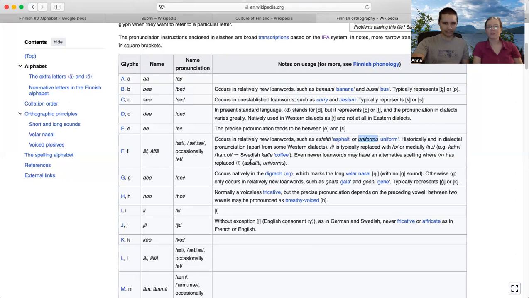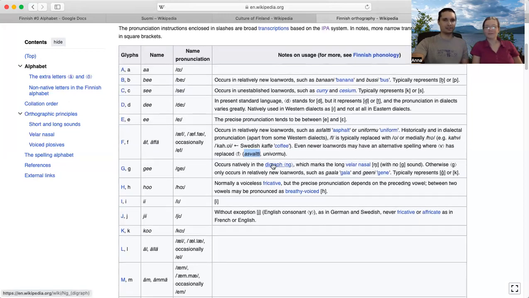I would actually use the alternative way, asfaltti and uniformo. I wouldn't say asphaltti. Okay, but it's the Finnish perspective. I would say asphaltti because in my native language it is F. Pharaoh is pharaoh.